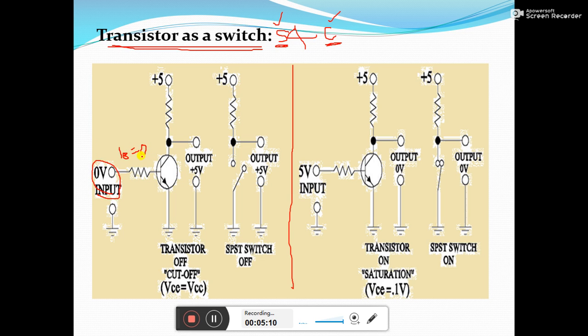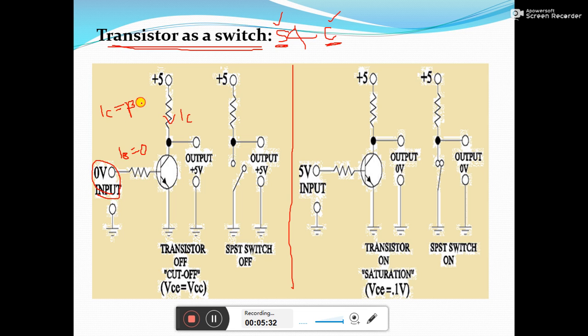So if IB is equal to 0, we expect the output current IC will also be equal to 0, because the current amplification factor beta is the ratio of IC divided by IB, or you can write IC equal to beta times IB.